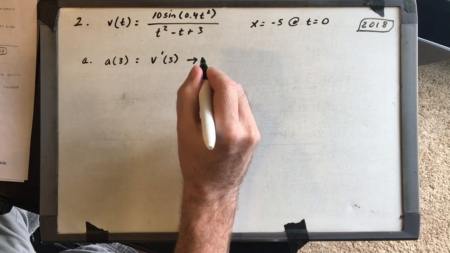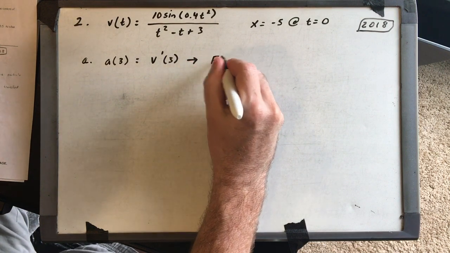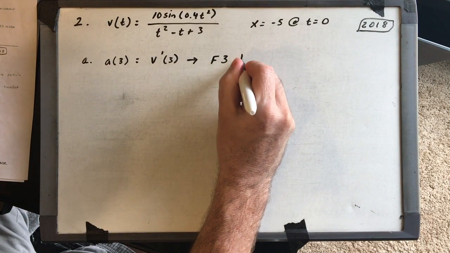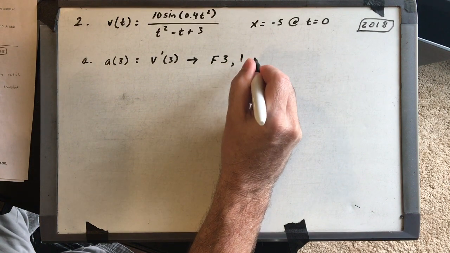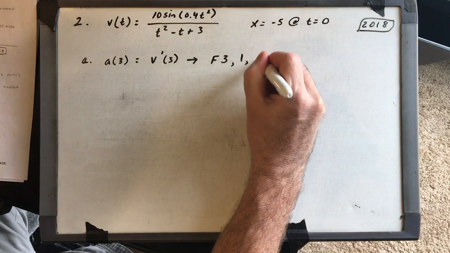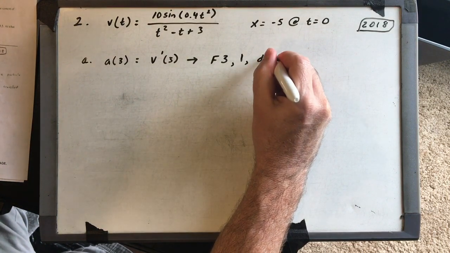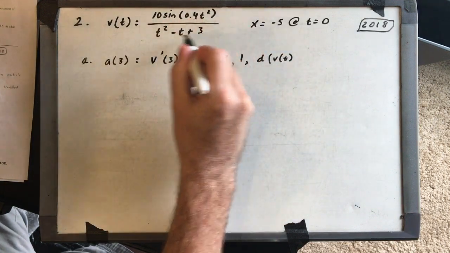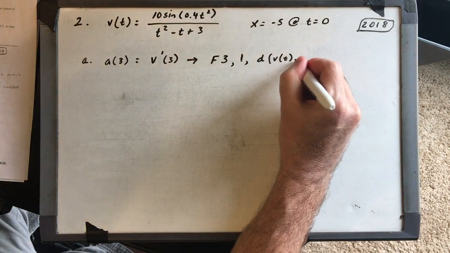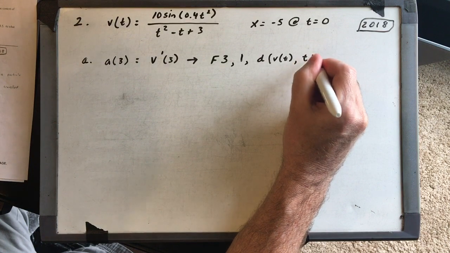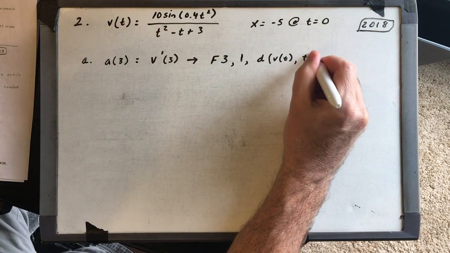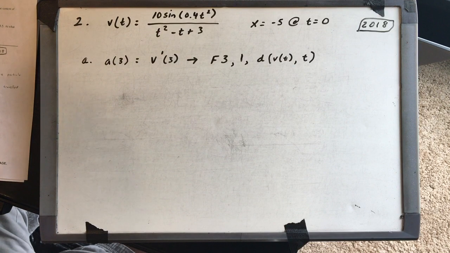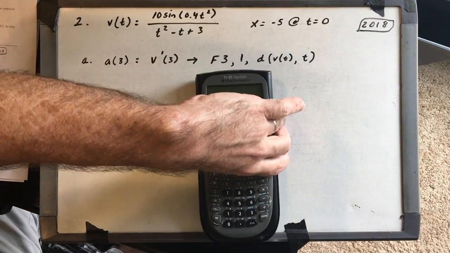So you can put this in your calculator. Hit F3, for calculus, select number 1, and then you'll get a little d that comes up, and then type in v of t. So you have to type in all of that stuff. Then you have to tell it which variable, t, and then close the parenthesis, and then you're going to use the vertical bar.